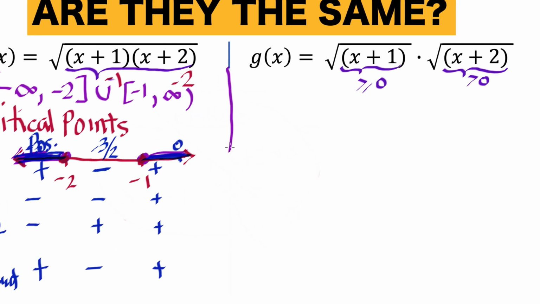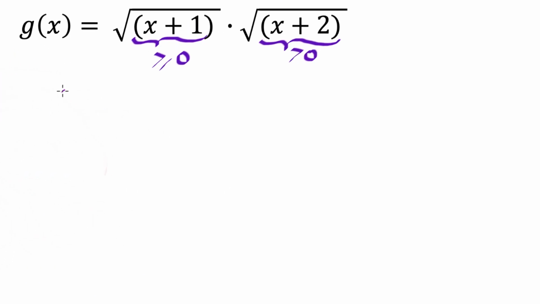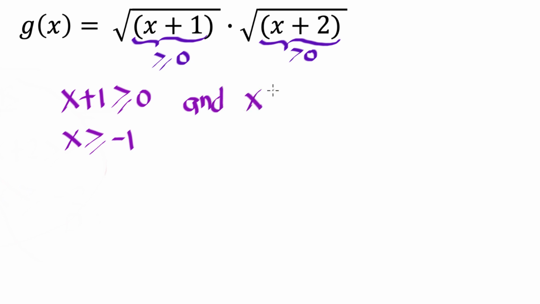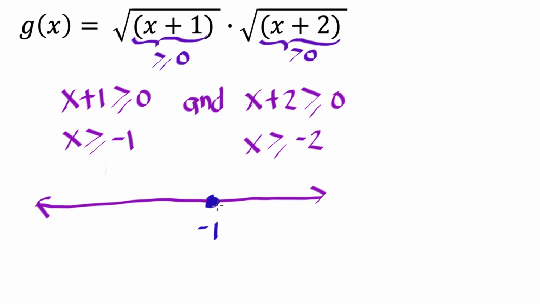Now, for the domain of g, we know that x plus 1 must be greater than or equal to 0. So that means x is greater than or equal to negative 1. And here, so we use the word and, x plus 2 must be greater than or equal to 0, or x is greater than or equal to negative 2. So let's graph them. The endpoint is included, and that is going to the right.